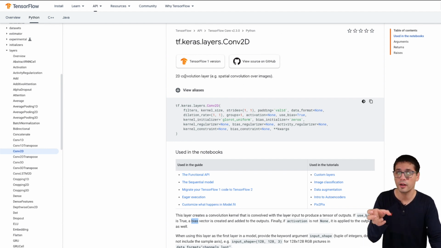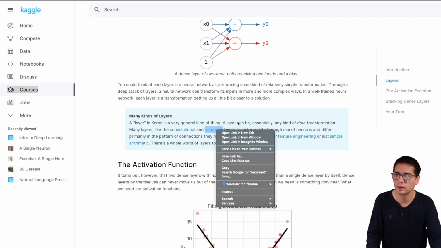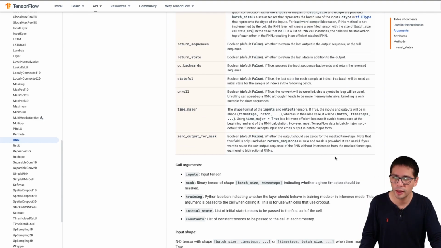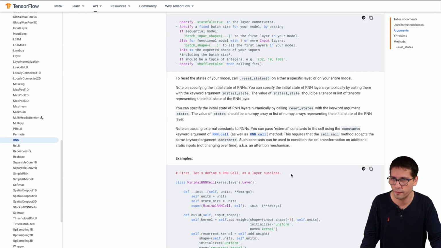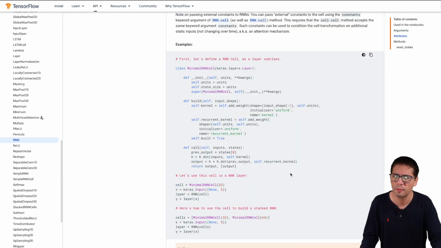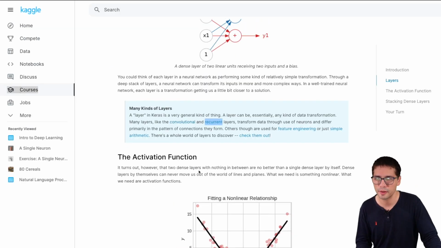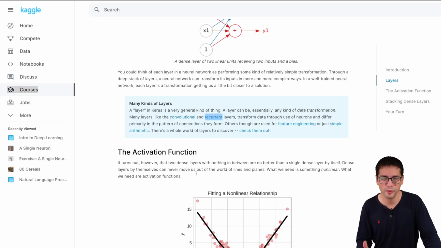So instead of a linear unit, this is like another type of neuron that you can use. Recurrent layers. I don't necessarily want to go into too much detail here because I think we'll be lost in things that we don't really understand straight away, but it's good to know that they exist. But let's take it easy. There's plenty of time to check them out. So there are lots of types of layers.